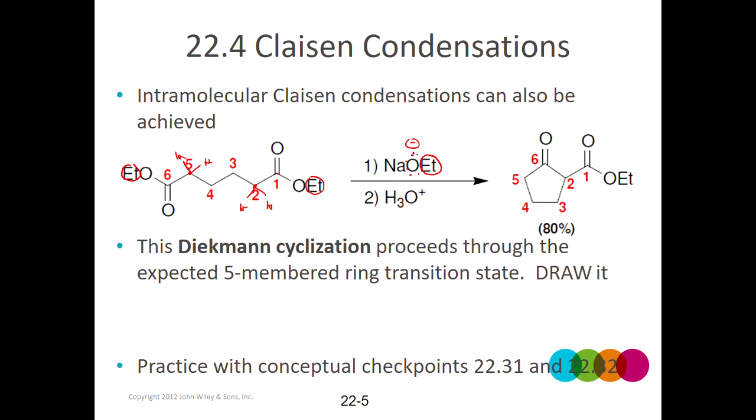Instead, the OEt would come in here, pick off the proton. What that would give would be an enolate here, and that negative would then be able to attack here because it's only 1, 2, 3, 4, 5 atoms away.